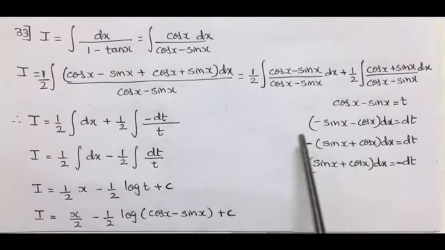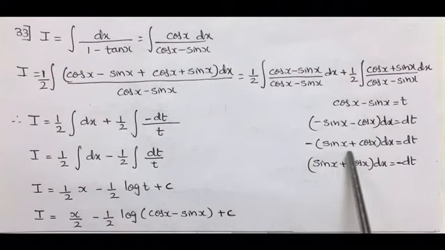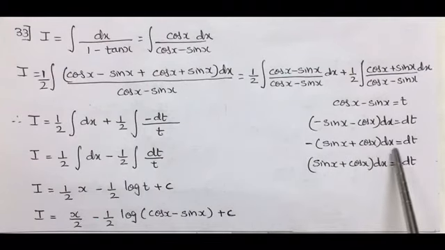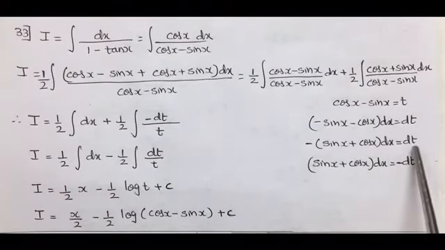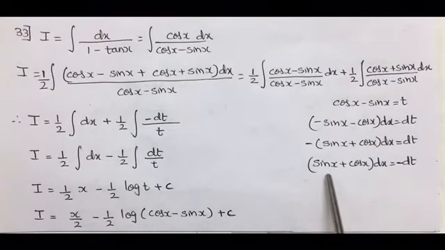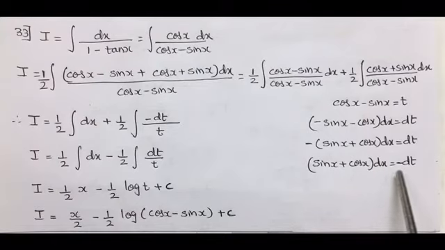Now taking the negative sign common, we get minus sin x plus cos x dx is equal to dt. Minus sign is shifted to the other side, we get sin x plus cos x dx will be equal to minus dt.